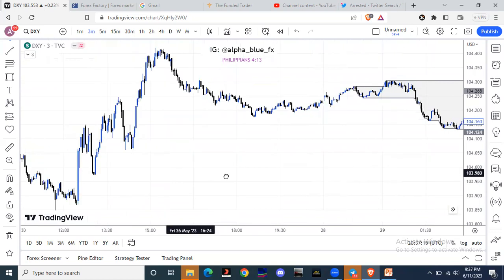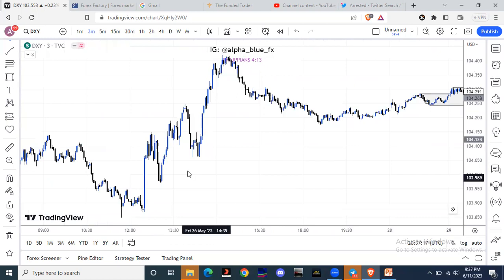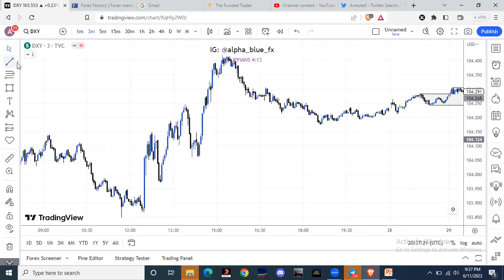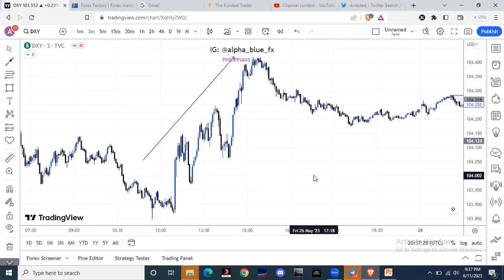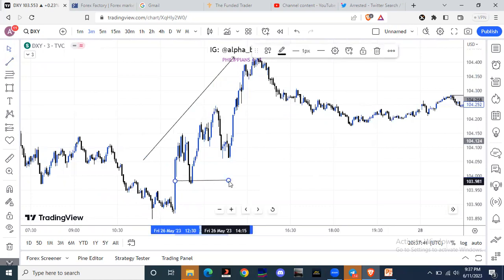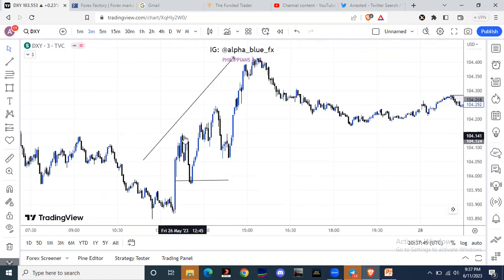Now, let me give you this example. Price is going up, right? Look at this very short example. Price is going up here and we have somebody that bought around here. Let's say the guy placed his buy right here. Then price went up.